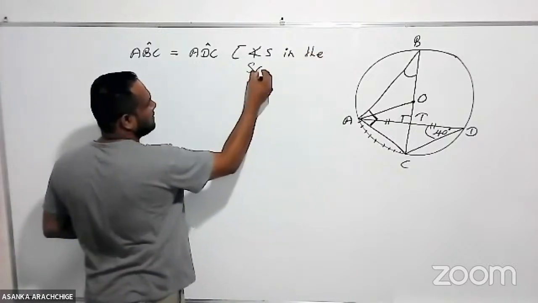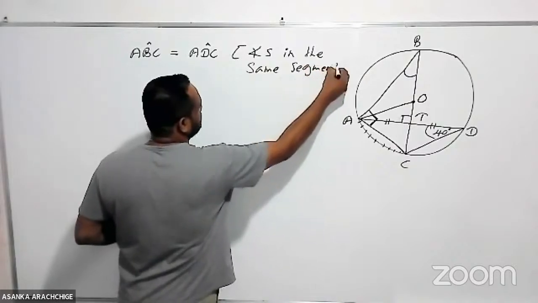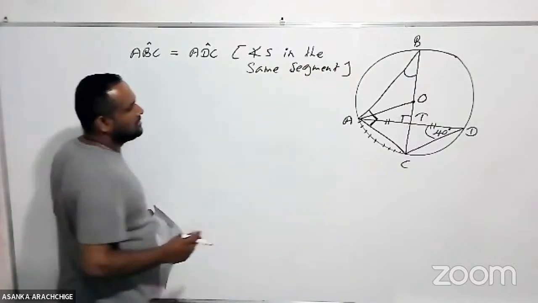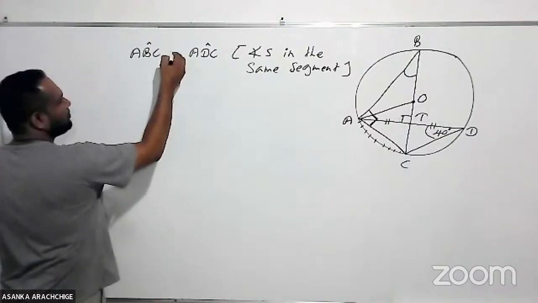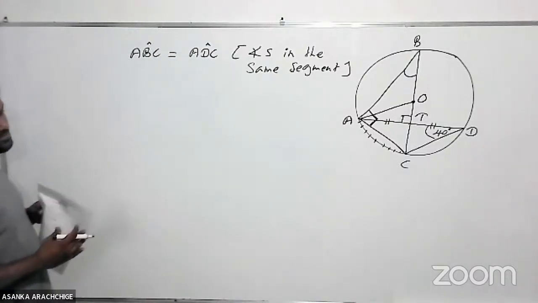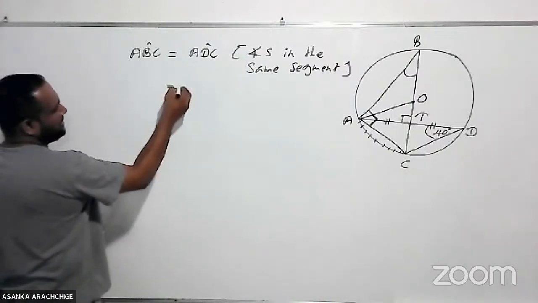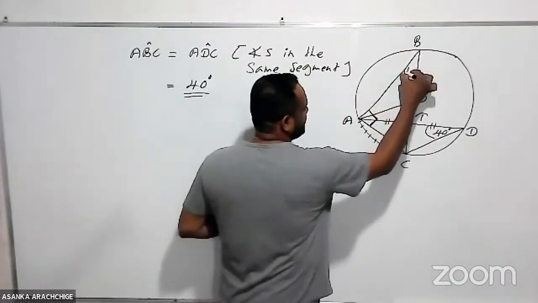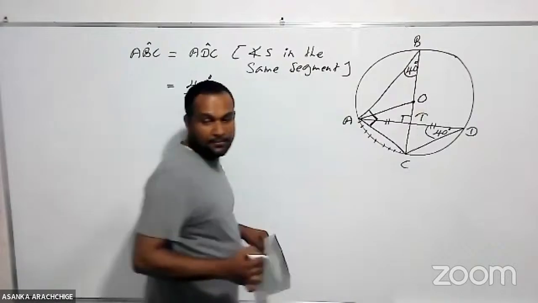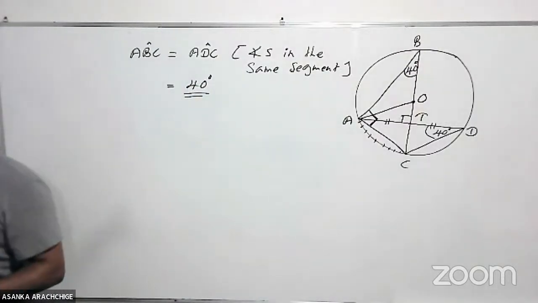Therefore, ABC is also 40 degrees. This is 40. Clear? 40 degrees.